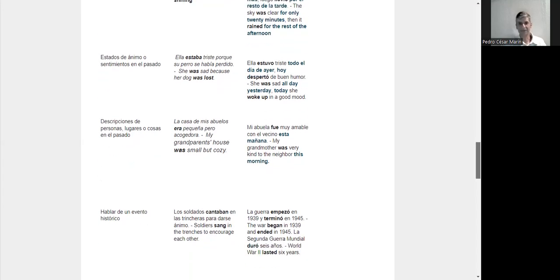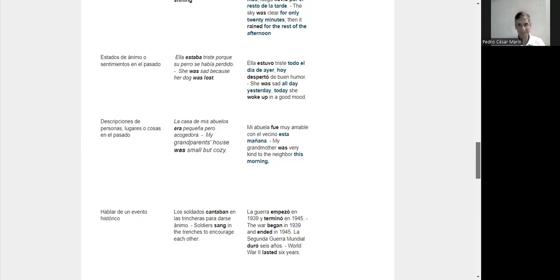Sometimes you want to say, my grandparents' house was small but cozy. Okay, imperfect. La casa de mis abuelos era pequeña, pero muy acogedora. My grandmother was very kind to her neighbors this morning.